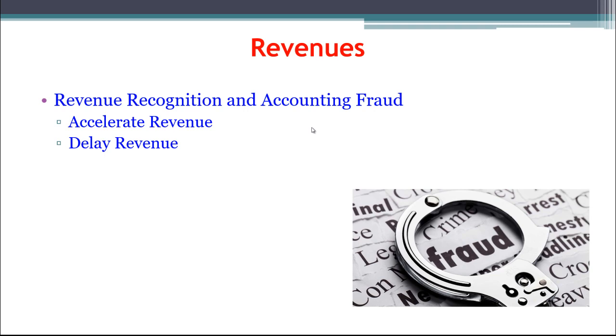That way it won't set their bar so high next year, because if this year we had a high amount of revenue, next year we might expect it to be even higher. So by delaying the revenue, they might be trying to start the next year early. Even though these two are opposites, accelerating or delaying revenue, both of them are improper. The point is, revenue has a specific time when it should be recorded, and it's when it's been earned. When we've delivered that product, when we've provided that service, whatever we need to do to earn our revenue.